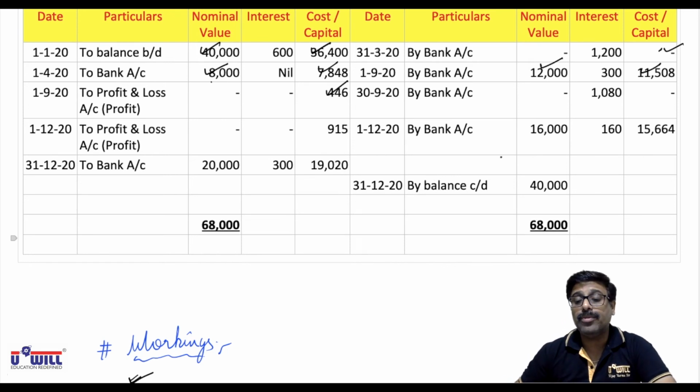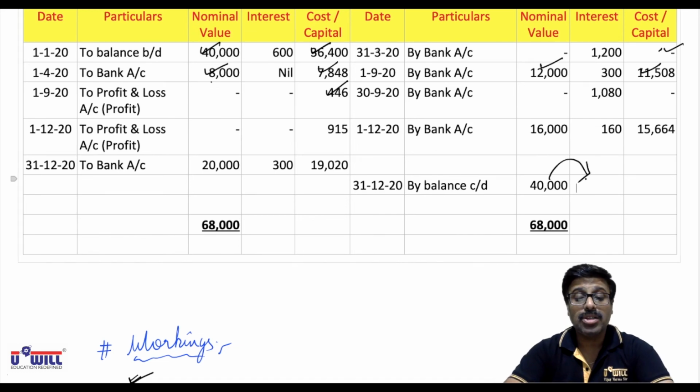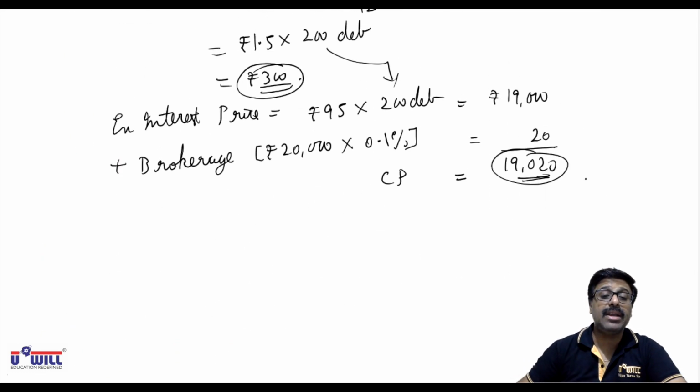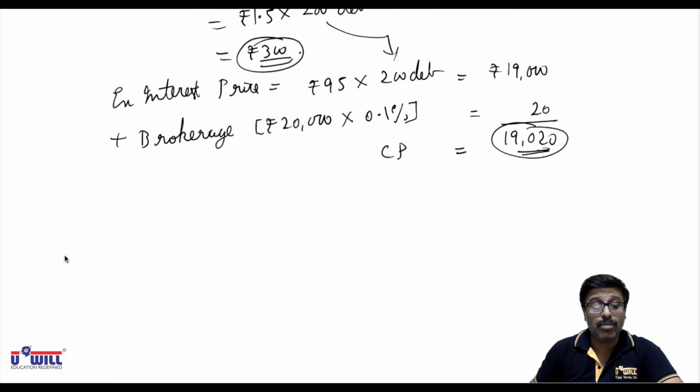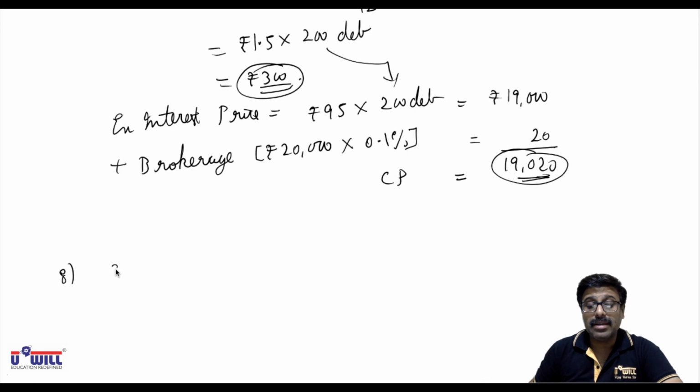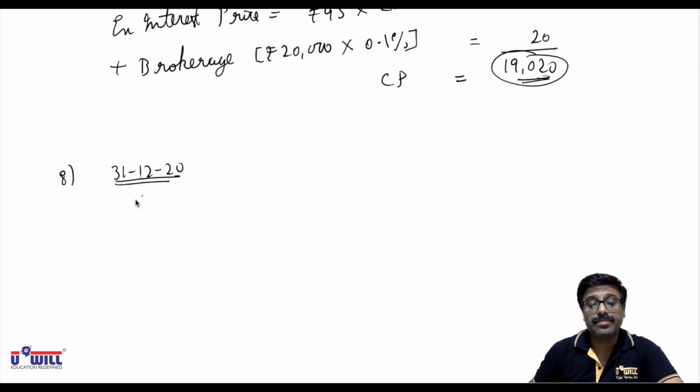Then what did I tell you? On this amount itself we'll count the outstanding interest. So 31st December, one more working will be done for outstanding interest. Working note 8. I told you minimum 7 workings will be there. 31st December, again interest.